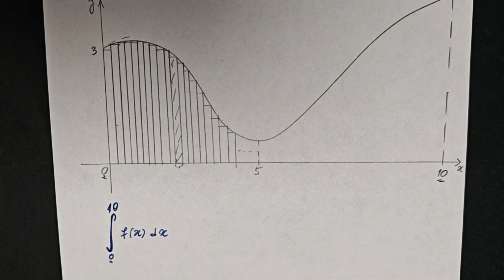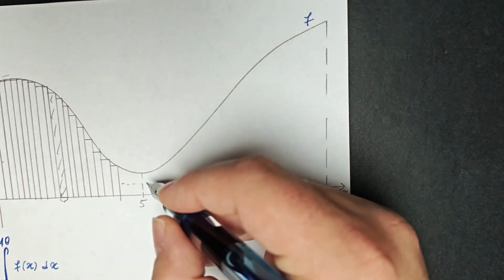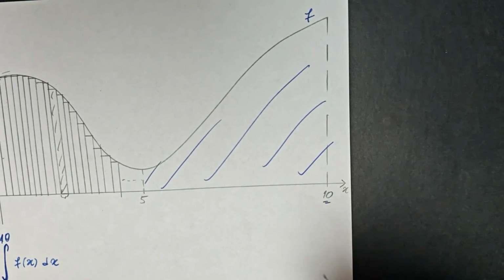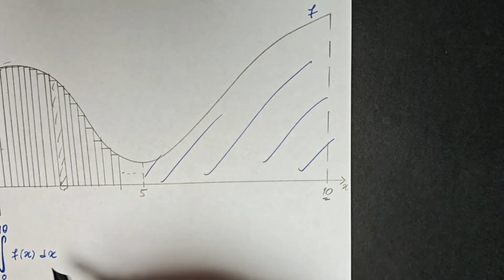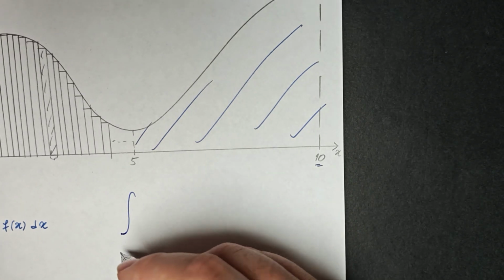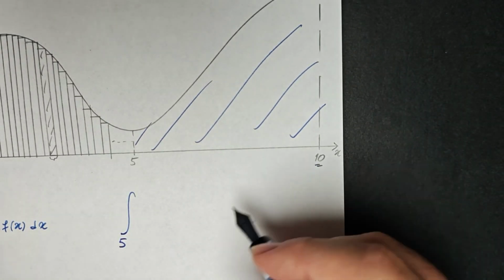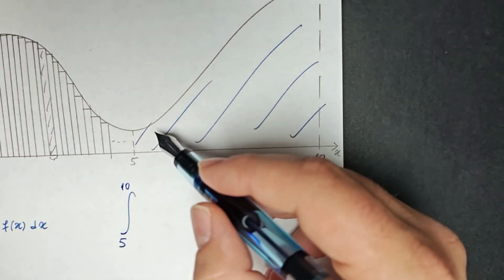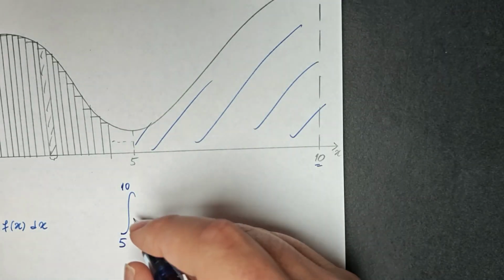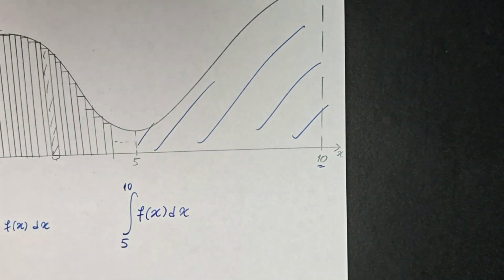For example, let's find the area from 5 to 10. This is that area right here. Our integral has different borders. It will be an integral where we start integration at number 5 and integrate all the way up to 10. And the function, as you can see, is unchanged. So we have f of x dx here.